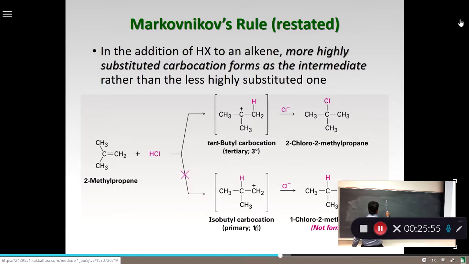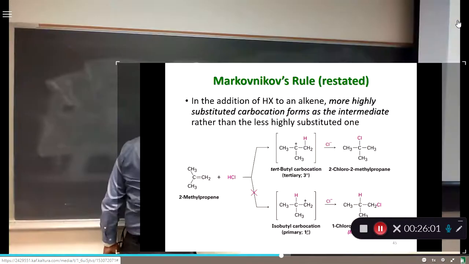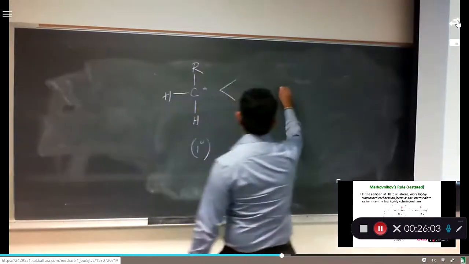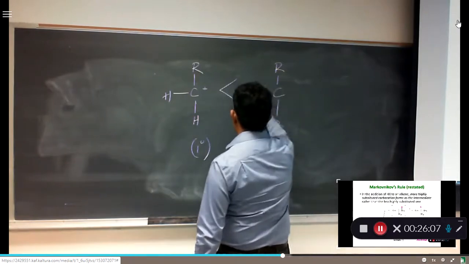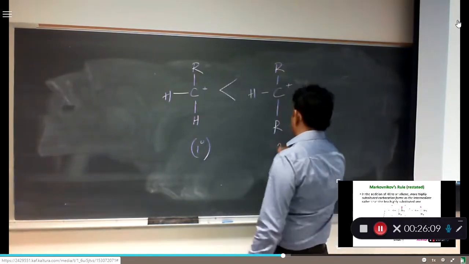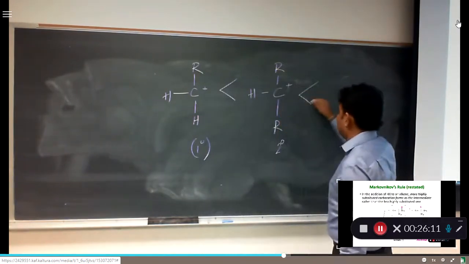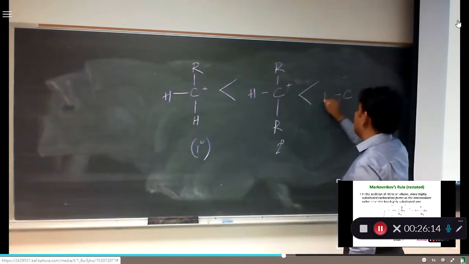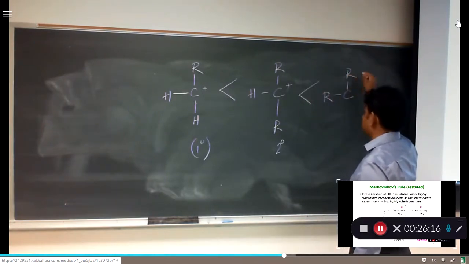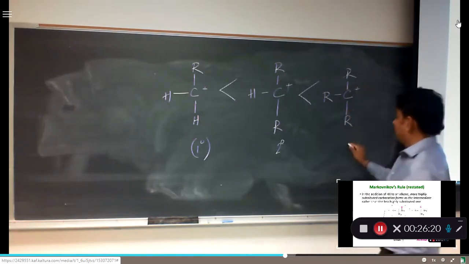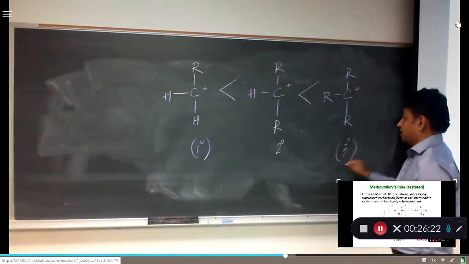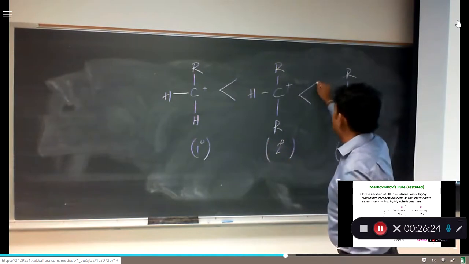If you have only 1 substituent, we call it primary. If you have 2 substituents, let's put 2 R groups, then only 1 hydrogen, that is a secondary carbocation. And if you have 3 R groups, R is anything other than hydrogen, then this carbocation is a tertiary carbocation.